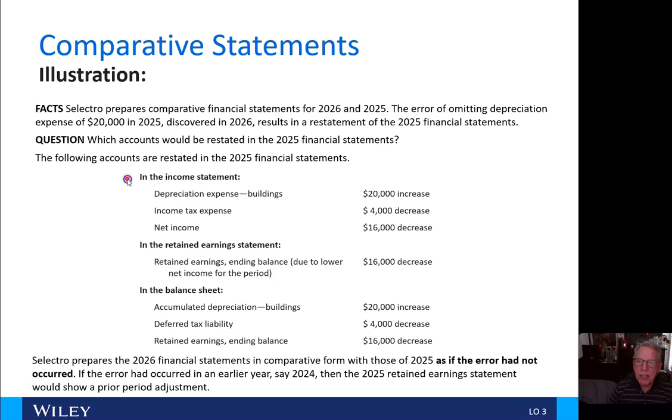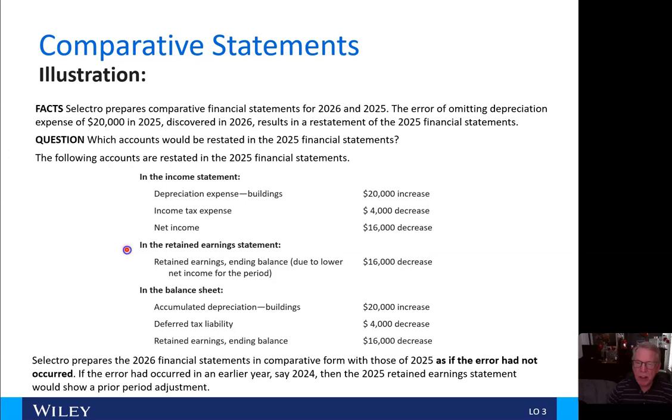In the income statement here, depreciation for buildings would increase $20,000, income tax expense would decrease $4,000, and net income would decrease $16,000. Okay.